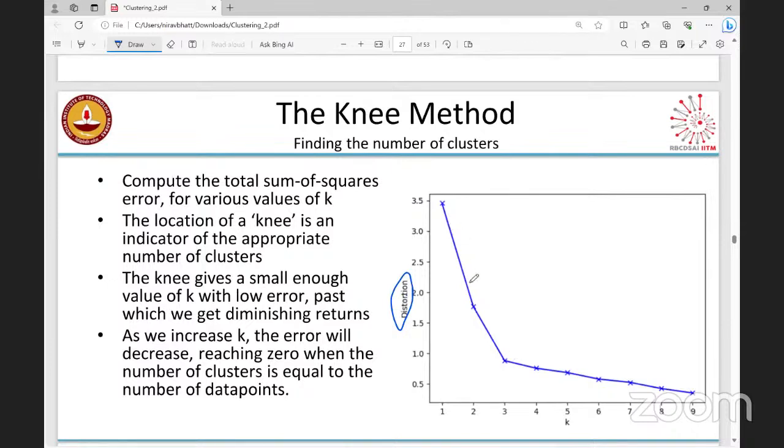Here you can see that if I start with one cluster, it is this one, two is this one, three clusters is this one, and after that the distortion is not much. It is reducing, but not significantly. And hence I will decide that okay, maybe three or four clusters are good enough.